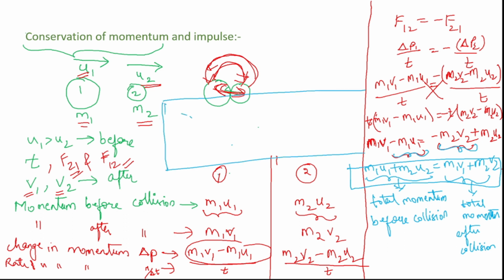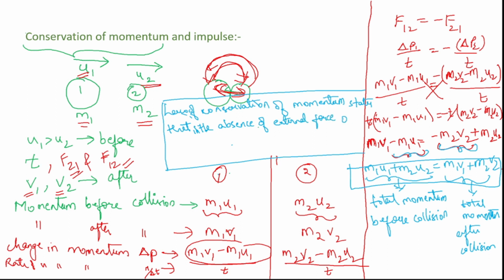So the law of conservation of momentum states that in the absence of net external force on the system, the momentum of the system remains unchanged.